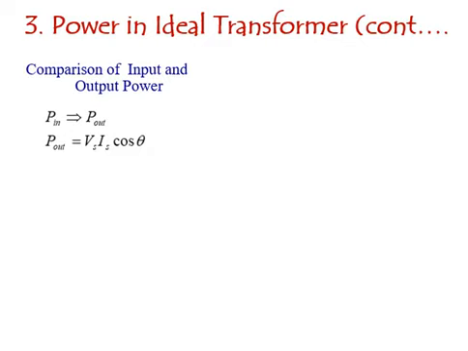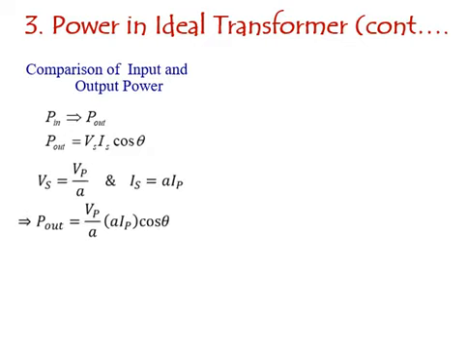Now we can prove that input and output power are equal. To prove this, we compare the input power until we derive that it is equal to output power. Let's suppose we start from the output power.